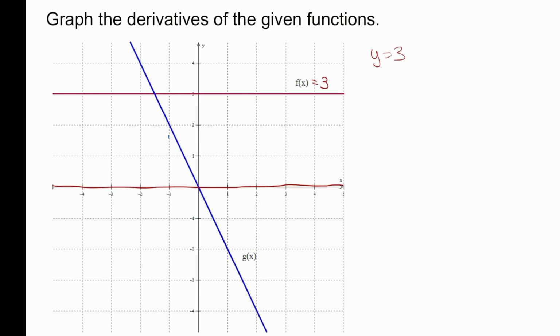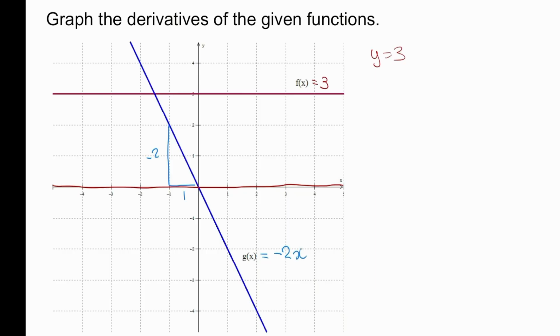Reading the slope right off of the graph, we can see that it's going down 2 and over 1 for every step in the graph. We also can see that the line passes through the origin, so the y-intercept is 0. Therefore, the equation of this function is g of x equals negative 2x, and that's it. There's no b value.